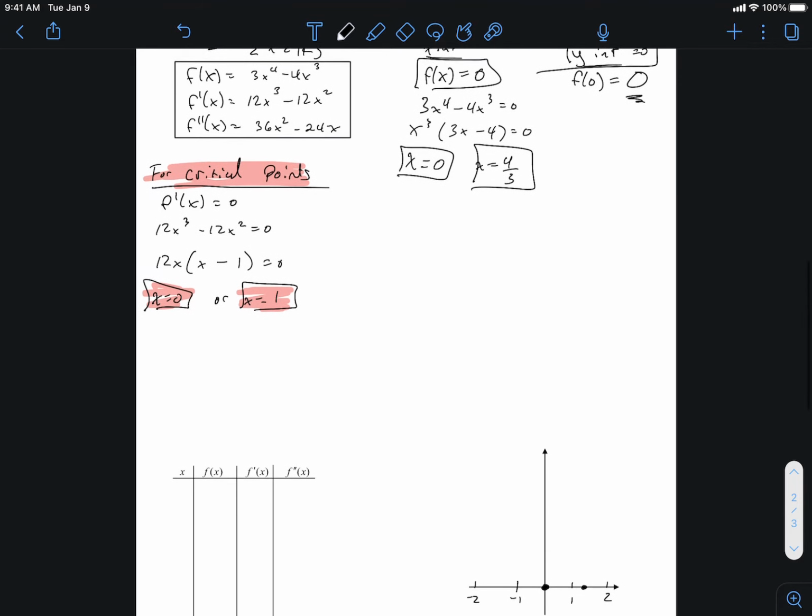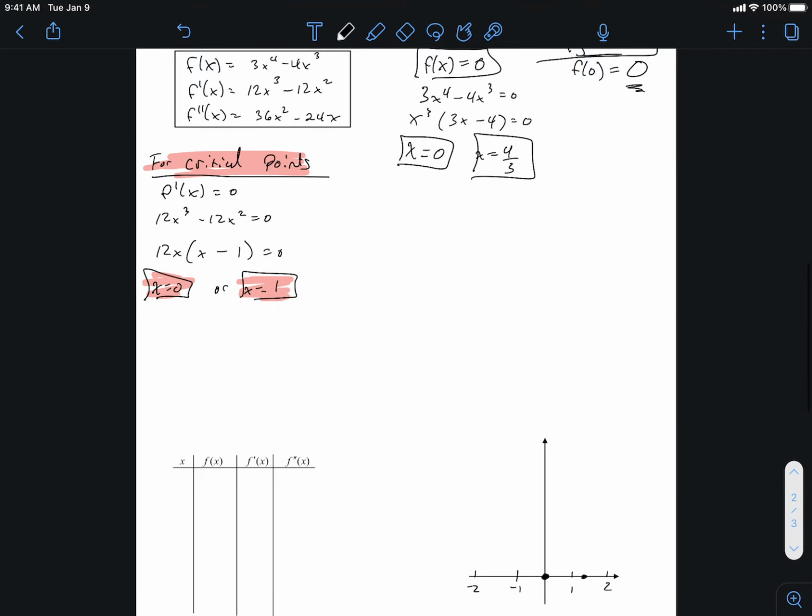Now we can check for any points of inflection as well, right? And we know what's true about this. Well, it's when the second derivative is equal to 0.